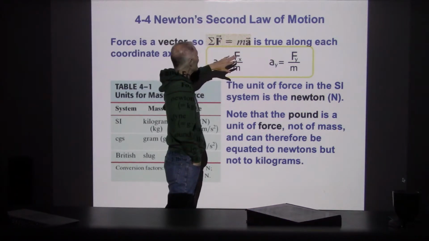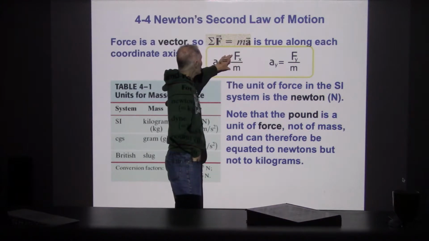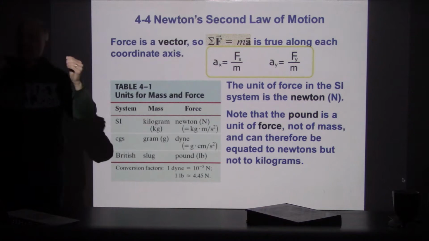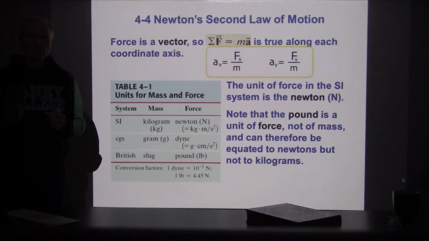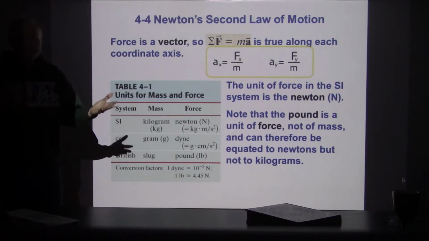So the first and second law both are included in these formulas. And it says that we look in the x direction, add all the forces together, divide through by the mass of the object. So the more mass an object has, the more stuff it's made out of, the lower the acceleration will be for a given force. And that makes sense, right?